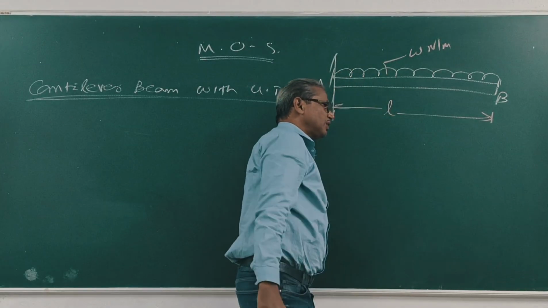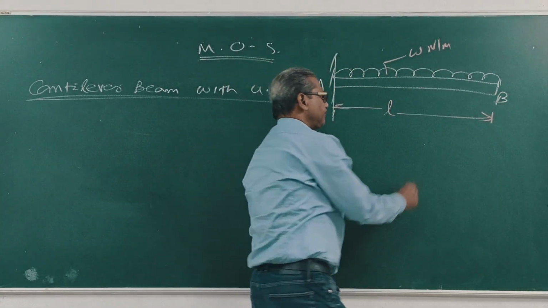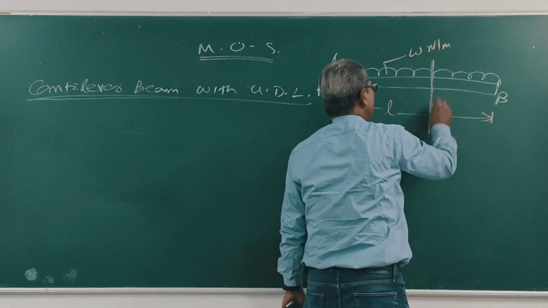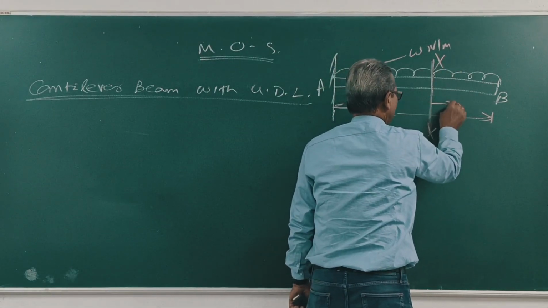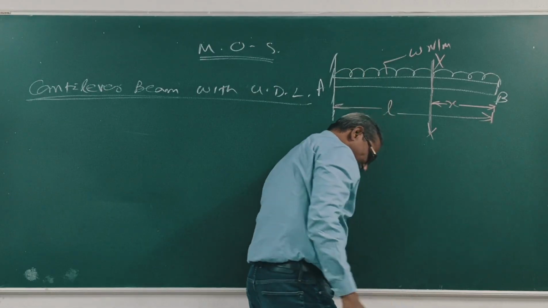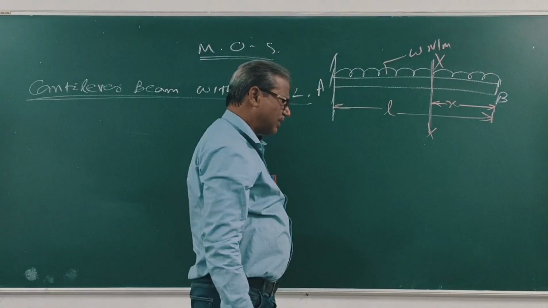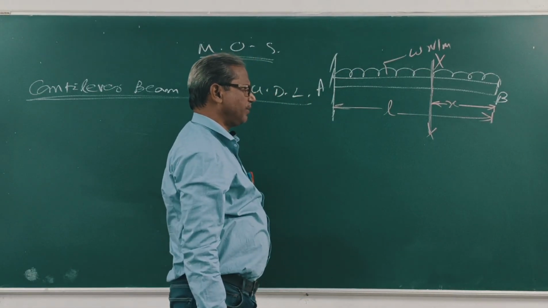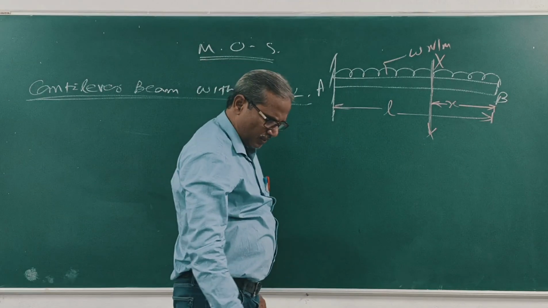The length is L. Clear? Suppose this is point C, at a distance x from the end B. Take a section XX, a distance small x from B. Clear?